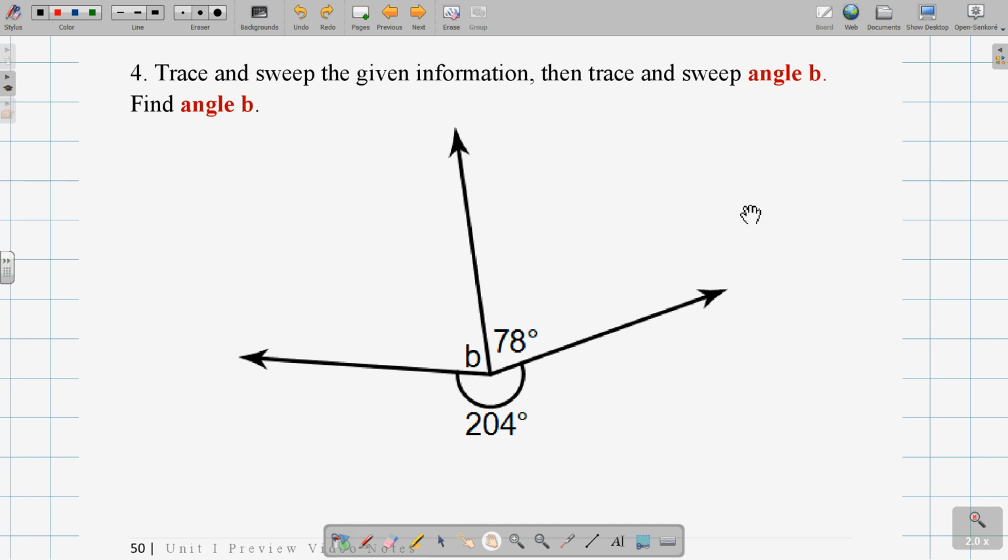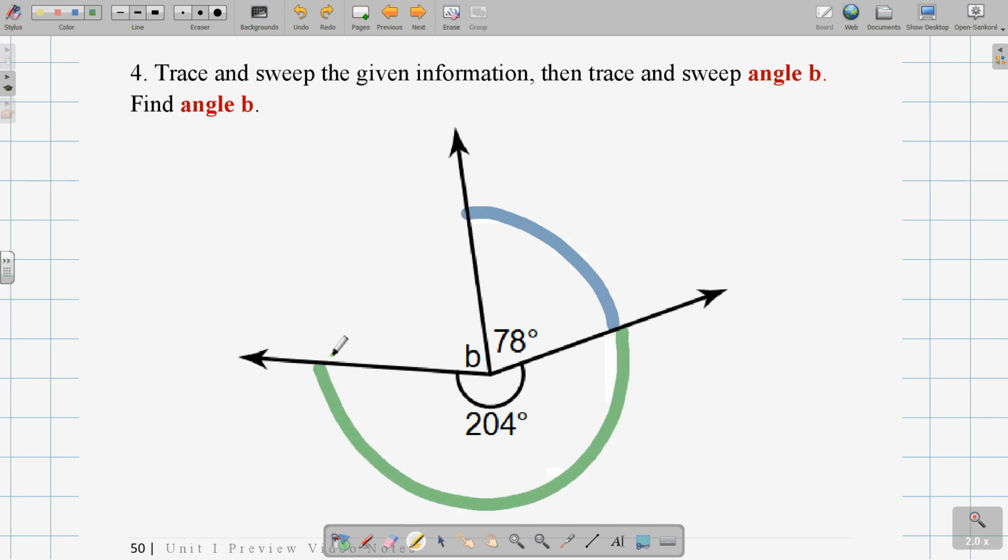Trace and sweep the given information, find angle B. First, using blue, I'd like you to sweep 78. Using green, I'd like you to sweep 240.